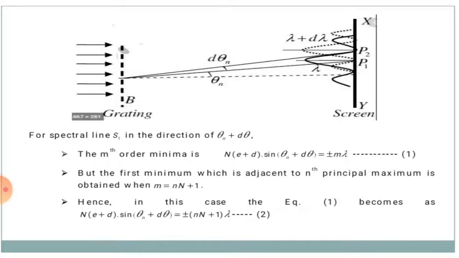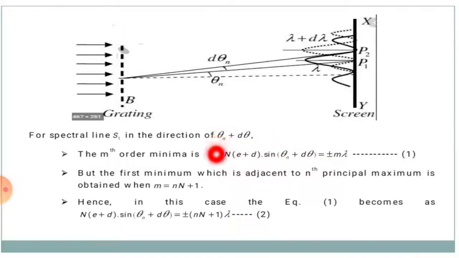Now, we will see the spectral line S1 in the direction theta plus d theta. In the direction theta plus d theta, we will get the first minima of spectral line S1. The condition for the mth minima is (N e plus d) sine of (theta plus d theta) equals plus or minus m lambda. This is the condition for the mth minima of a spectral line of wavelength lambda in the direction theta plus d theta.